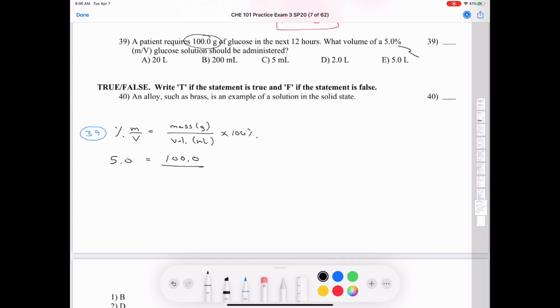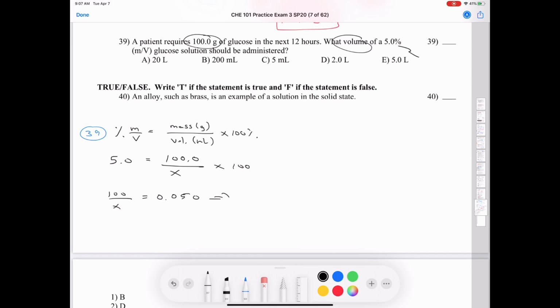And I'm looking for the volume, so I'll solve for x. So when I rearrange this formula, I'm going to get that 100 over x is going to be equal to 0.05, and I got there by just dividing both sides by 100.